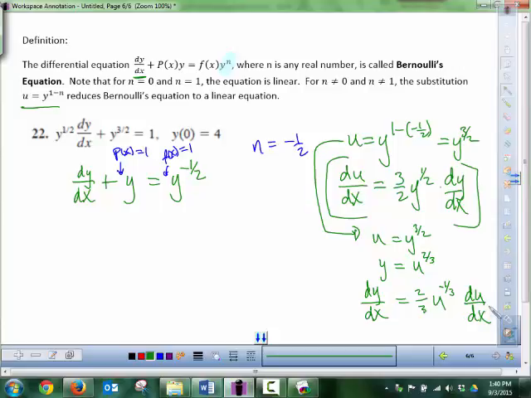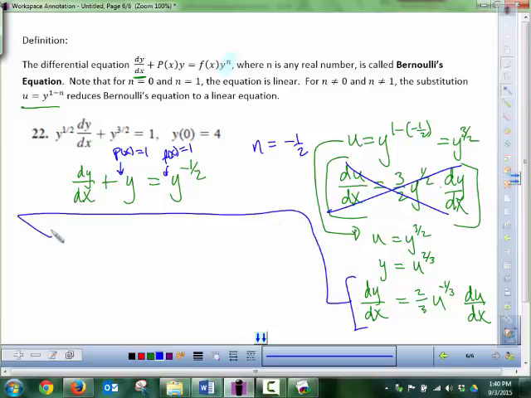So this is what we will replace the dy dx with. So let's cross out the other differential that we did, just so we don't worry about that part. And let's remember that we want to get y by itself because we're going to replace y in our differential equation. So we're going to get y by itself before we do the differential.